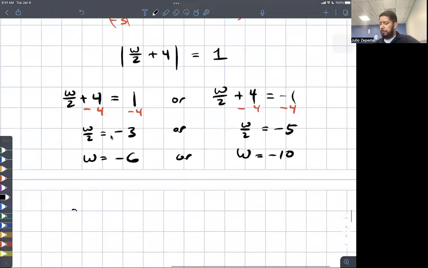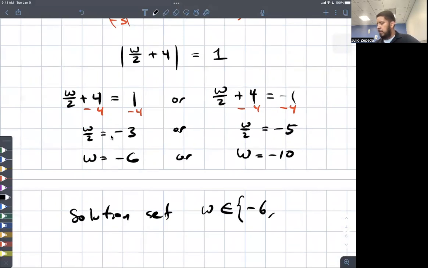Our solution set is going to be the set containing, let me write it as w. There's a symbol I've seen in the textbook: w is in the set negative 6, negative 10.